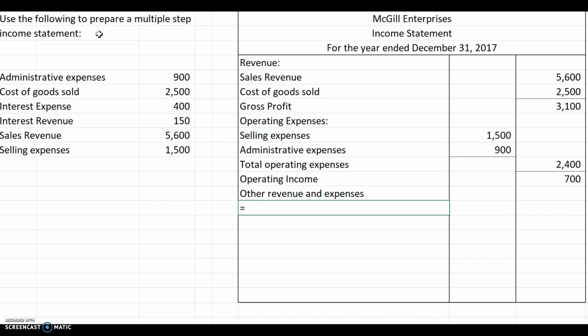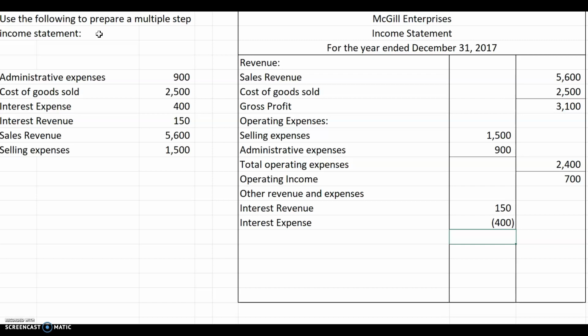So this company has interest revenue of $150 and interest expense of $400. Now, I believe in my accounting lab, they're going to have you enter the interest expense as a negative.